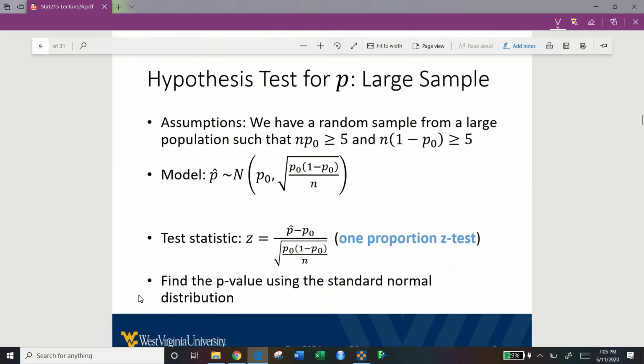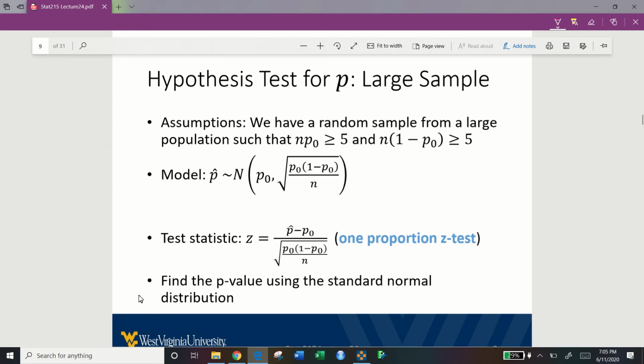Let's take a look at another situation, in this case when we have a large sample. This is going to seem more familiar to you. In this case, we have to address the following assumption, that we have a random sample from a large population such that n times p naught is greater than or equal to 5, and n times 1 minus p naught is greater than or equal to 5.